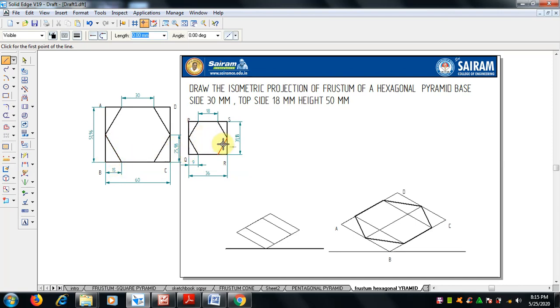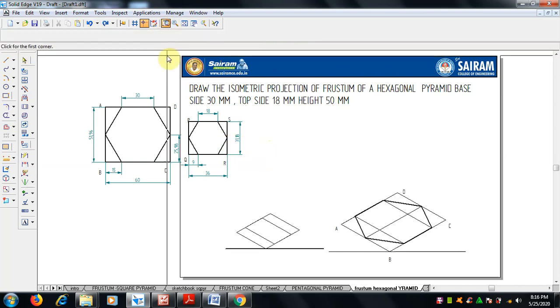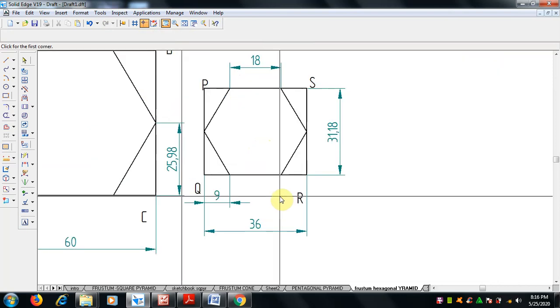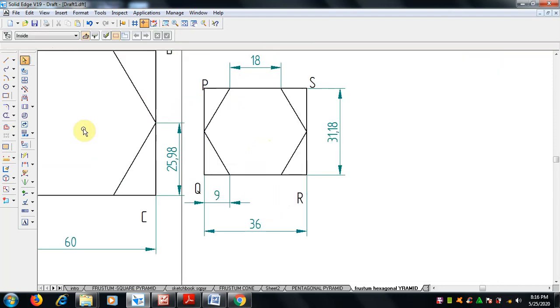So the mid is, if you want to measure, you can measure from this end to the end point of this. Let me zoom the value.